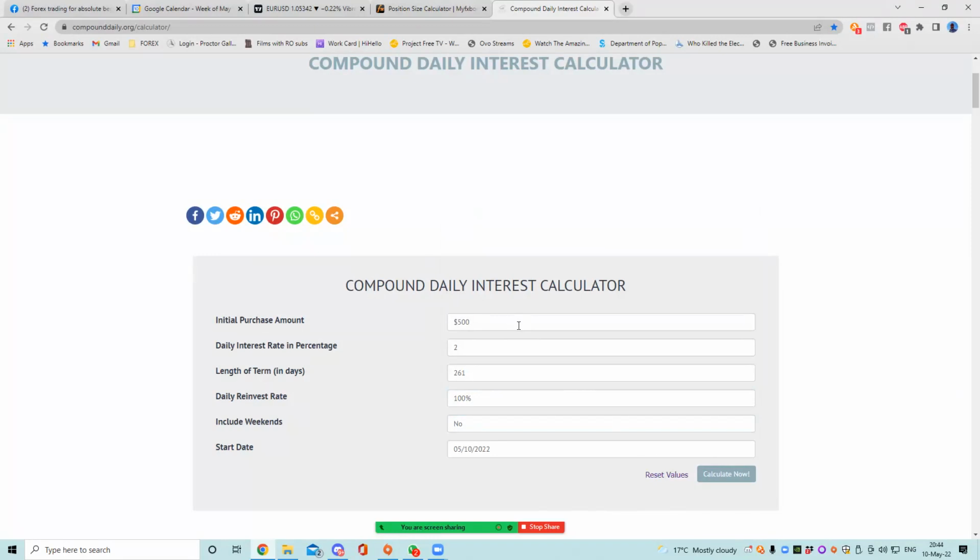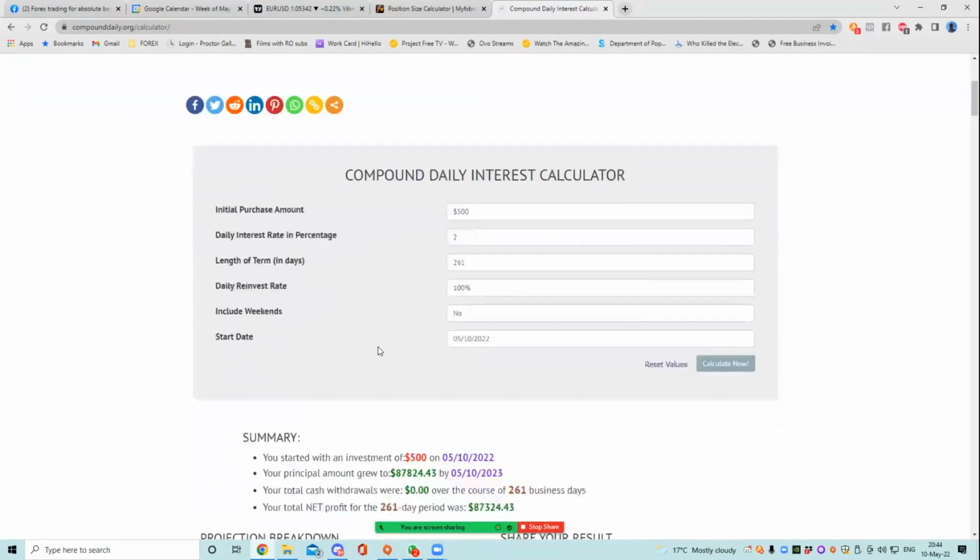So again, underline, bold, exclamation marks. Please take this with a pinch of salt. This is not an income claim. I just want to show you what hitting your 2% target every single day could lead to if you had a $500 account.